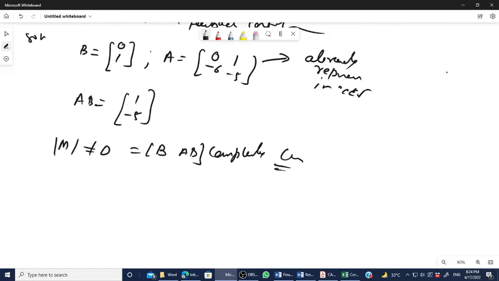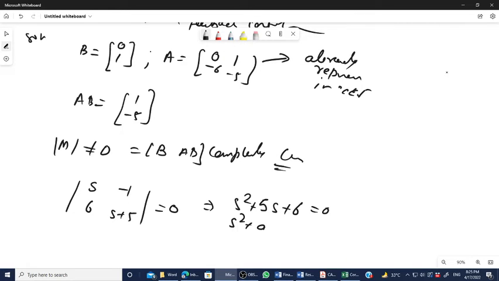Simply, step 2, you can design the characteristic equation by determinant of SI minus A, that will give S minus 1, 6, S plus 5 equal to 0, and this gives S square plus 5S plus 6 equal to 0, and it is represented like S square plus a1 S plus a0 equals to 0.